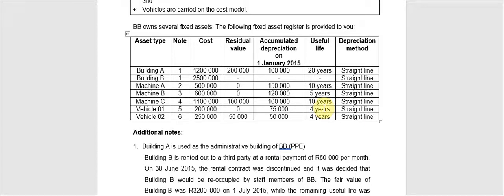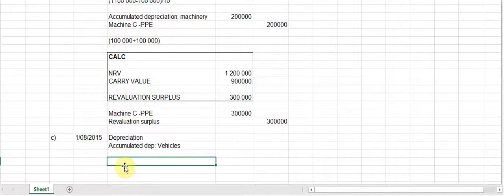So now we need to go and calculate some additional depreciation on this asset. So I need to take into account it was then used between 1 January and 1 August. The depreciation calculation there is 200,000 Rand divided by 4. There's no residual value. And we need to times it by the months: January, February, March, April, May, June, July. August, I will not be counting because this accident happened on the 1st of August.